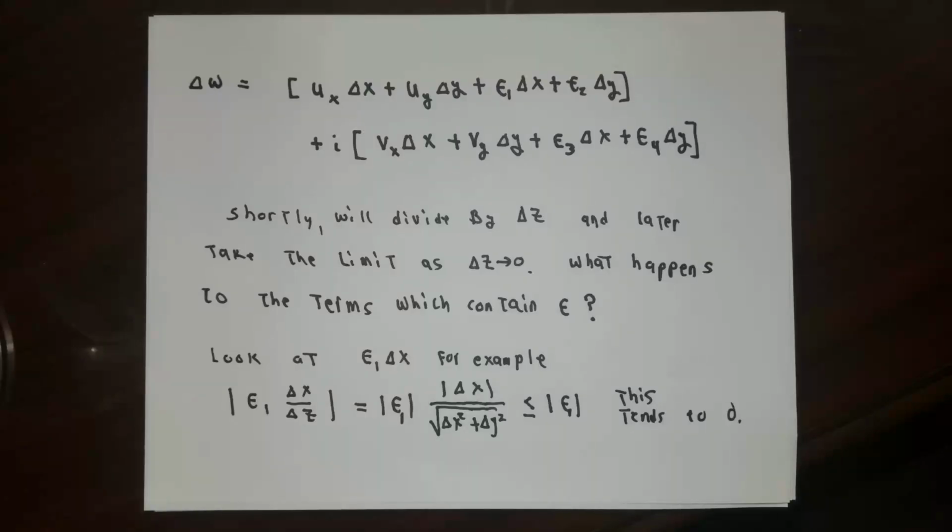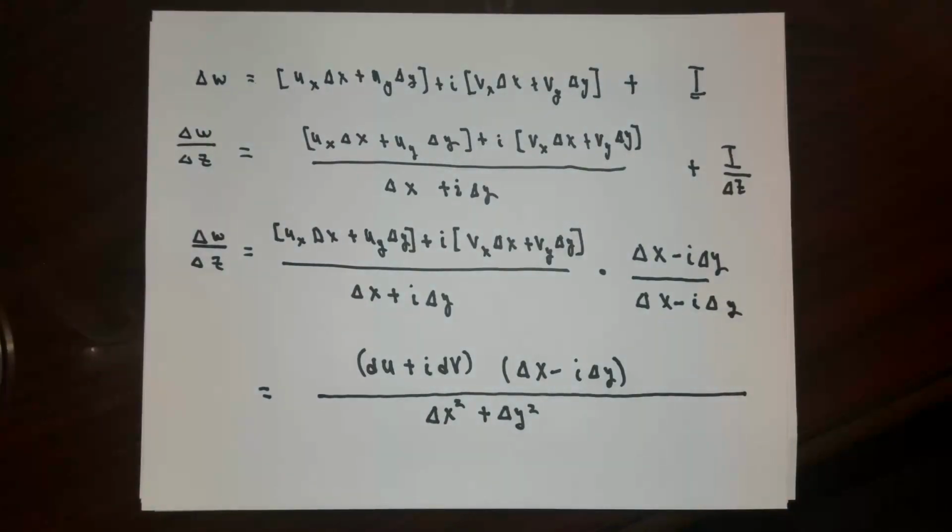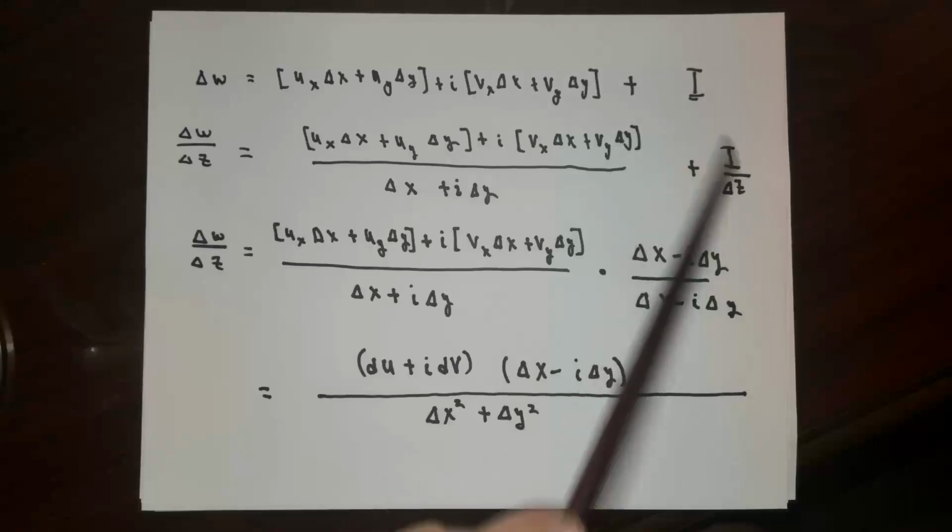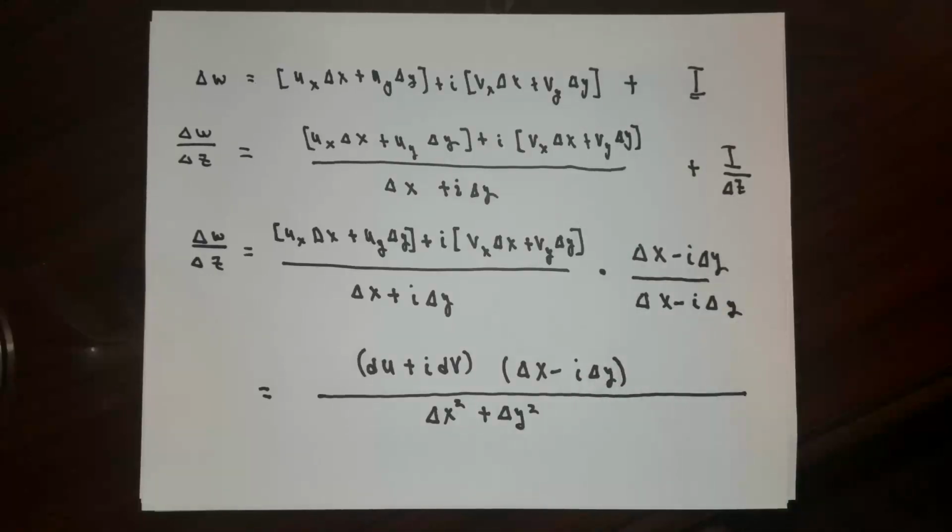In what follows, I will either not write those terms down or write them down in terms of some quantity capital I. Capital I is for "it's safe to ignore this term." Now I'll divide through by delta z. This divided by delta z tends to 0 as delta z tends to 0. So when my writing becomes a little bit cramped, I feel free to just completely ignore that term.